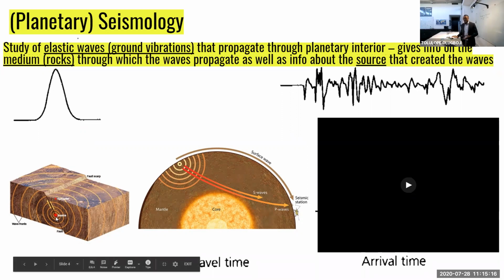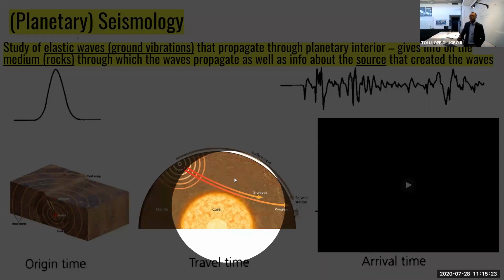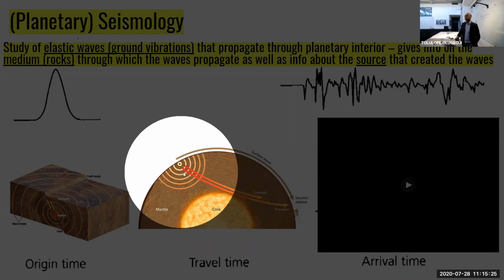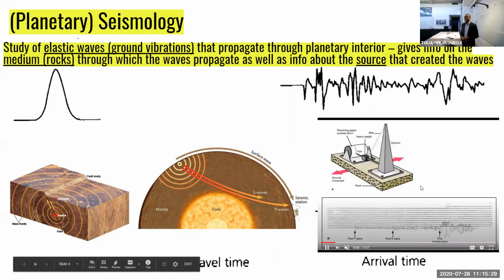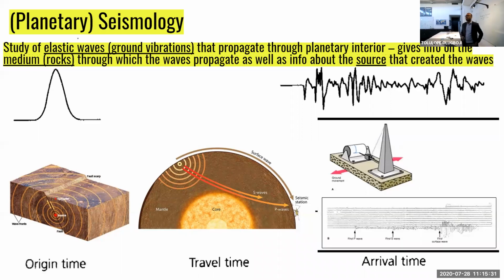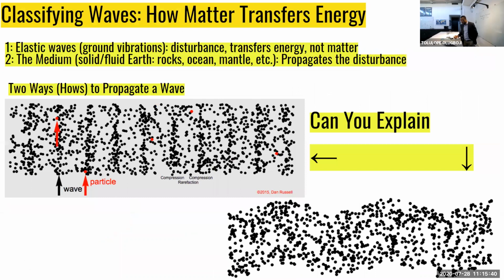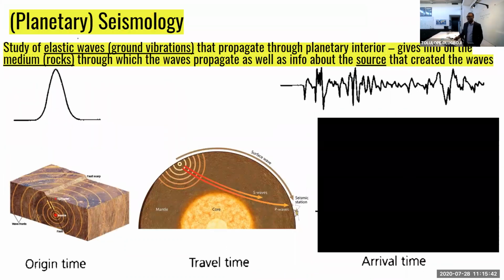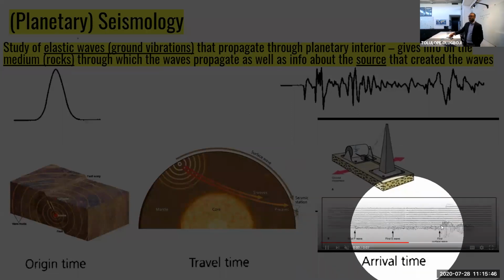So you have a source over here, it propagates through a planet, oftentimes that's the Earth, but this is an illustration of, say, Mars, and you have somewhere, hopefully, a receiver, a seismometer that will measure that vibration of the ground, and through the inertial principle, you record on a seismogram different kinds of waves, P waves, S waves, surface waves.